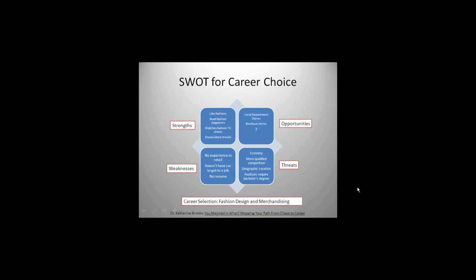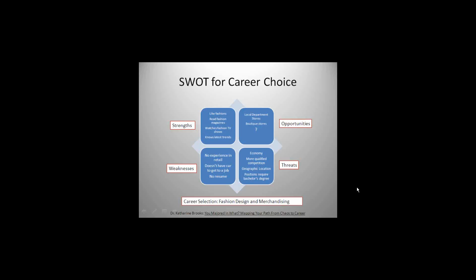And maybe they haven't done their resume yet. So what we're starting to find now, and the good thing about almost all those things is they're pretty much correctable. But now we're getting a broader picture of some of the challenges for this person to go into this field. And then we look at opportunities. And maybe the student could be encouraged to think of some local department stores.